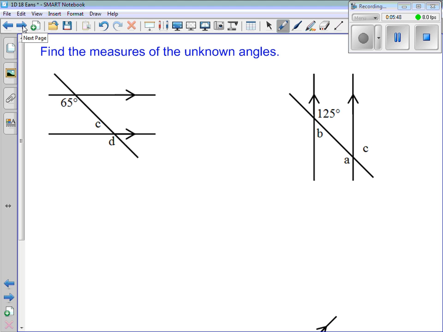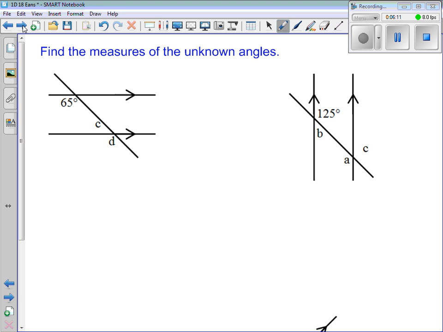So our first question here, we've got two parallel lines, a transversal running through them. We have one angle there, 65 degrees, and two unknown angles, C and D. We want to figure out what are the values of those angles, C and D. So where would you start here?